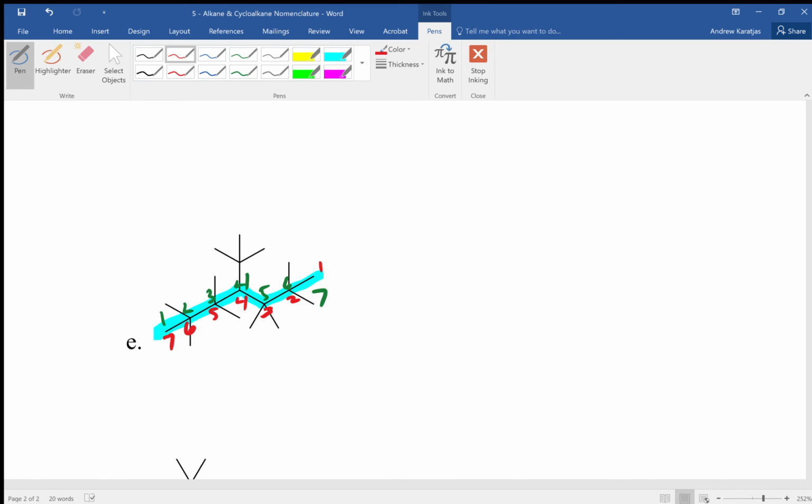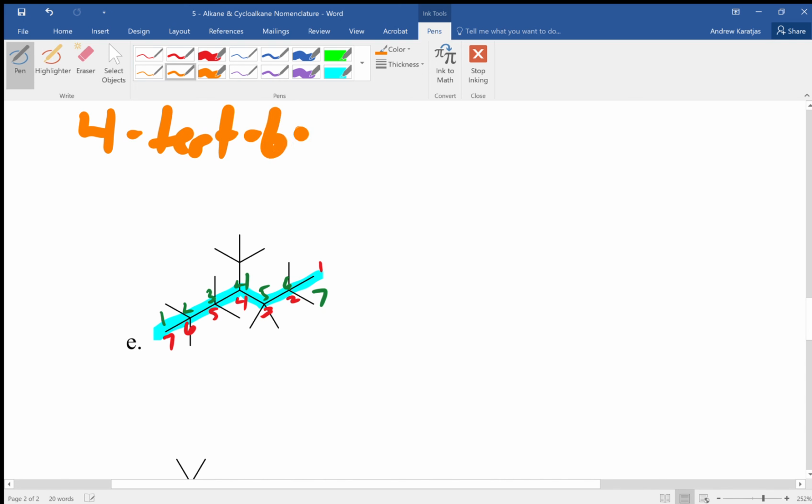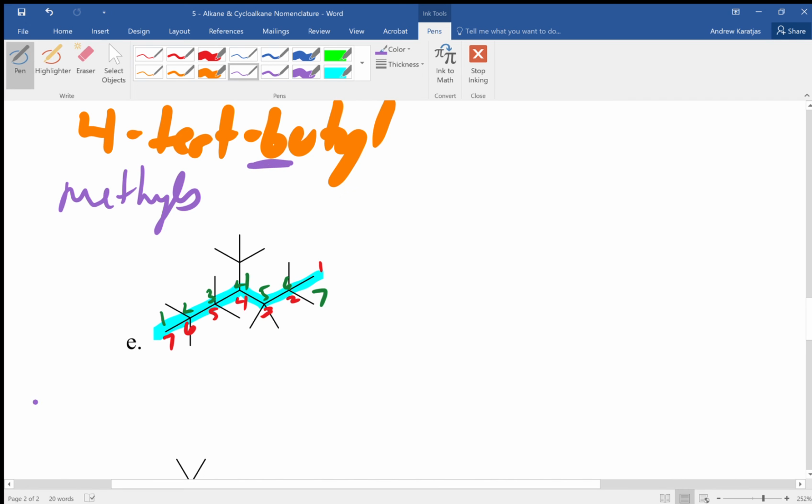What substituents do we have? Well, at 4, we have a tert-butyl, and then we have a whole bunch of methyls. So let's go ahead and write out the name, and as we're doing that, we'll determine where the methyls are. So tert-butyl, B, comes before methyl.